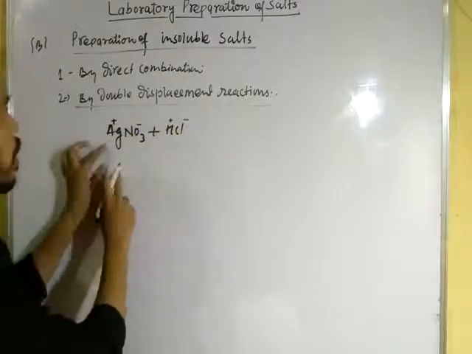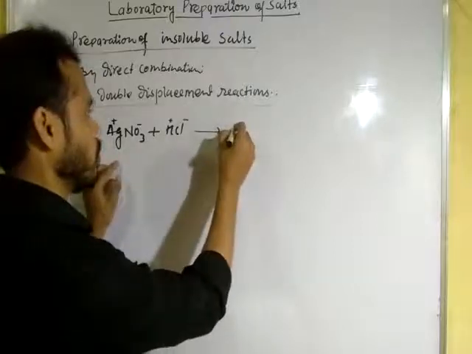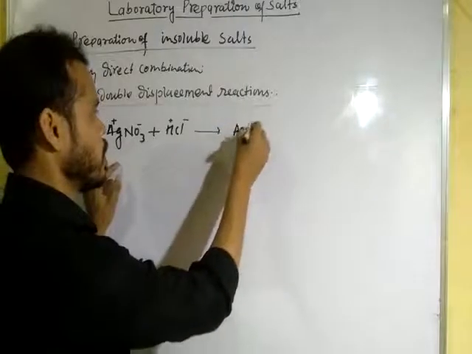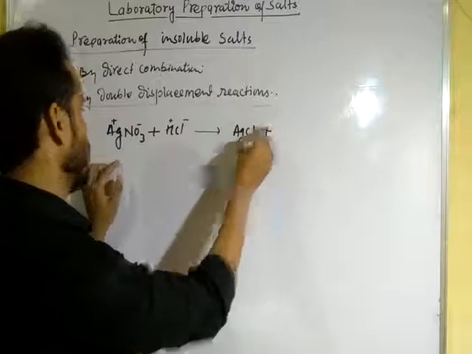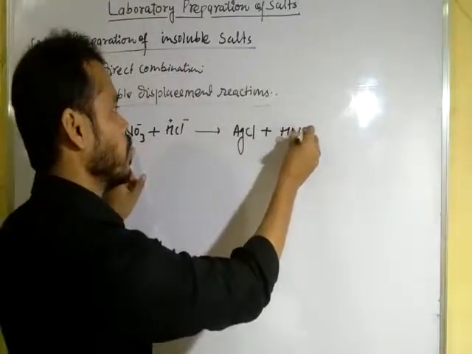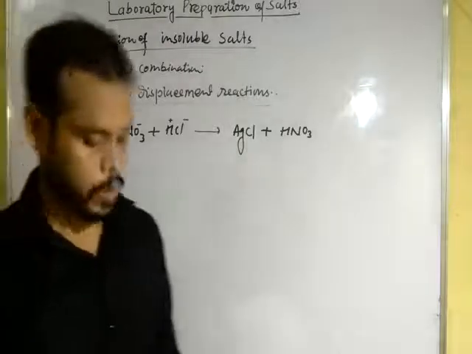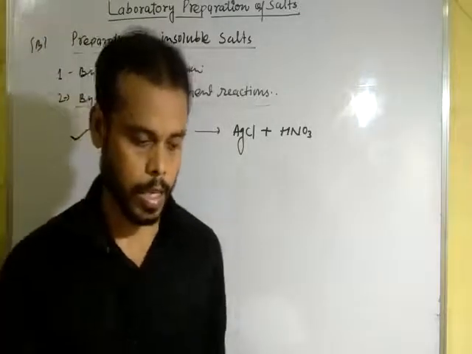Interchange the ions, and silver combines with chlorine to form silver chloride, AgCl, plus HNO3, the other product. Okay, dear student, I hope all the reactions have been written. So this is the double displacement reaction.